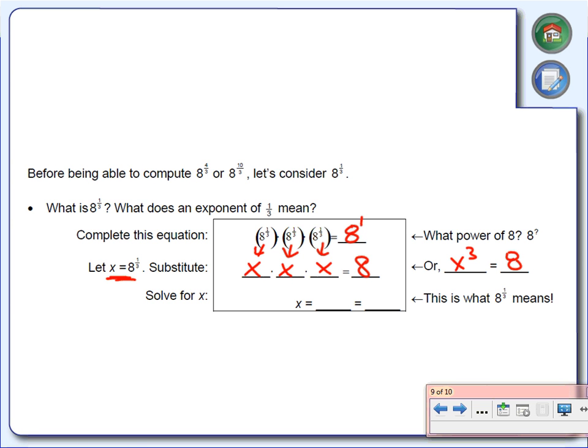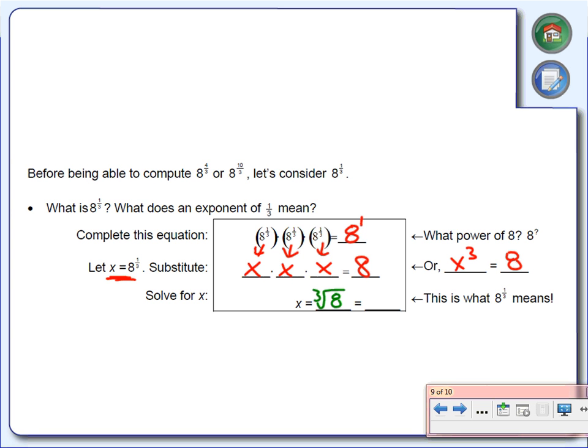So what I need to do is solve for x. Now, I saw earlier when we had x squared equals 9, all we did was take the square root, because the opposite of squaring something is square root. So what's the opposite of cubing something then? That's right, cube root. So we're going to do the cube root of 8. Now, can the calculator do cube roots? Yes.